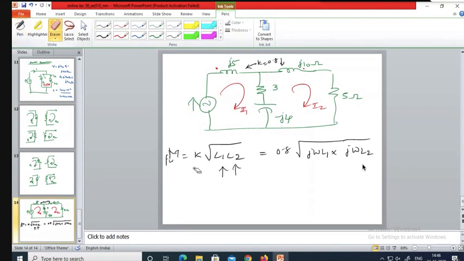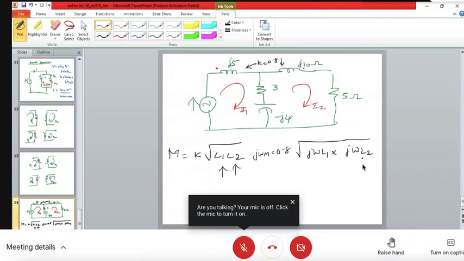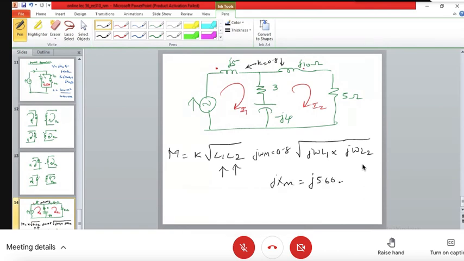I write here in the next slide. So J omega M is equal to 0.8 into the square root of J omega L1 into J omega L2. If you substitute it, JXM is equal to J 5.66 ohms.